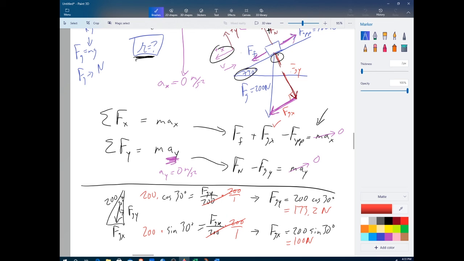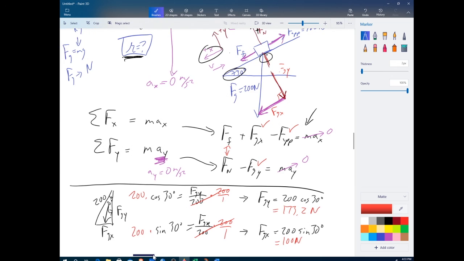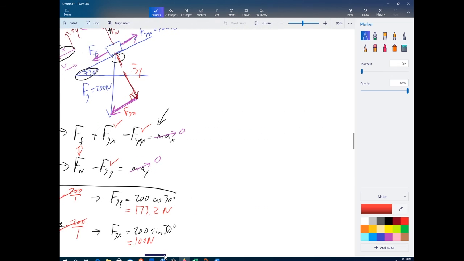So now I have this and I have this. I know I have the applied force because that was the 200. It looks like I just have these two things to solve for, which will not be too bad.